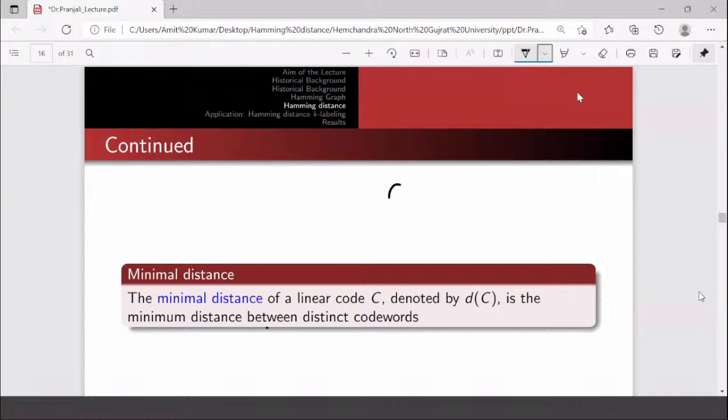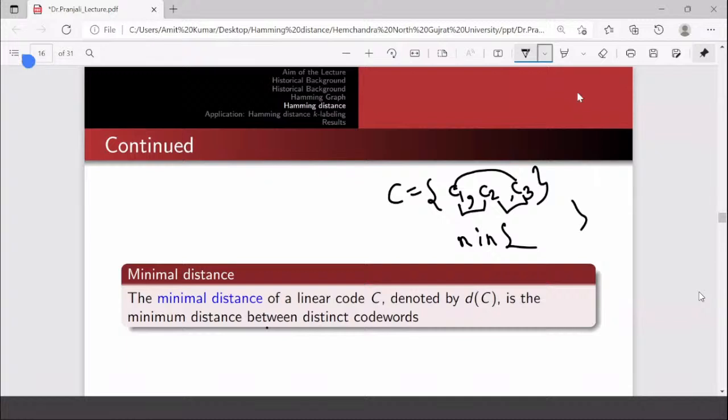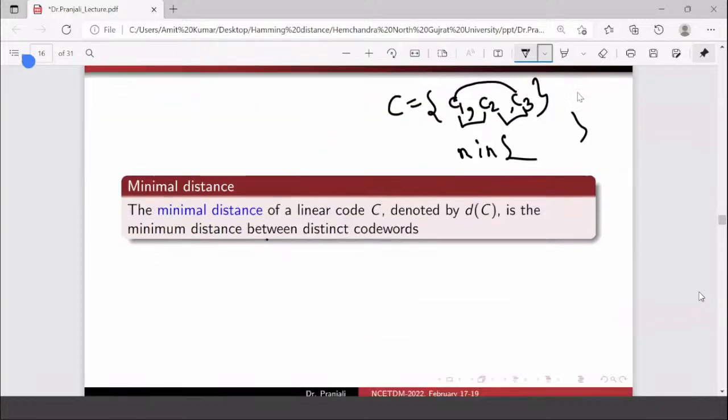For example, if C consists of c1, c2, c3, 3 code words that can be of any length, then to find the minimum distance of C, we calculate the distance from c1 to c2, c2 to c3 and c1 to c3, and then take the minimum over those. Then it will be the minimal distance of that code.